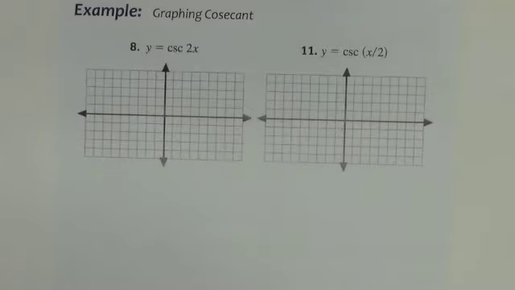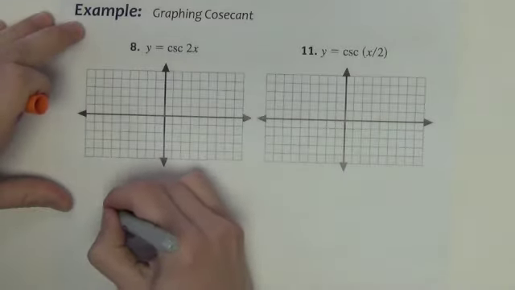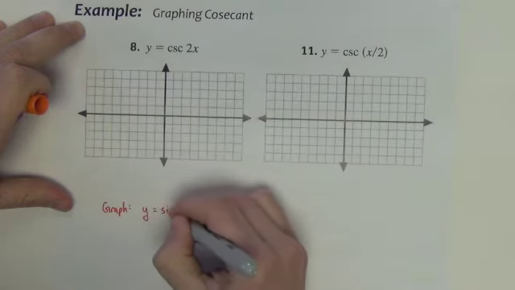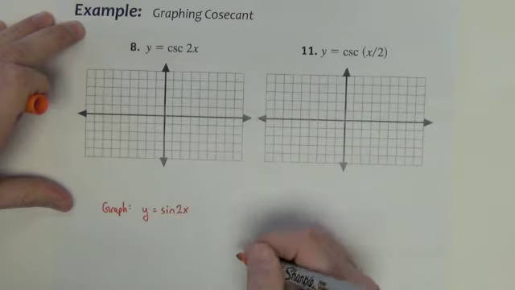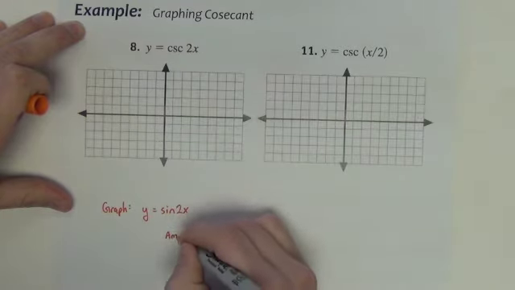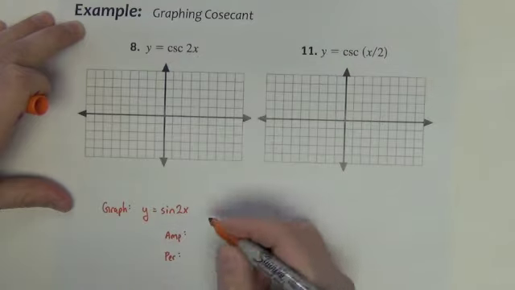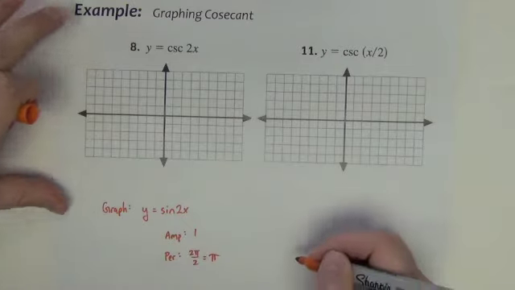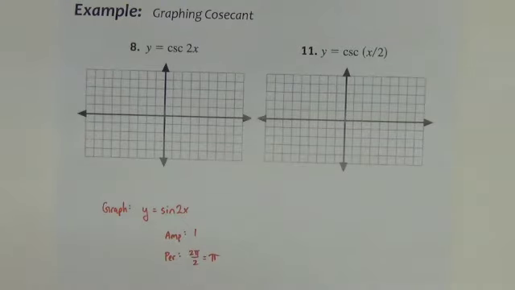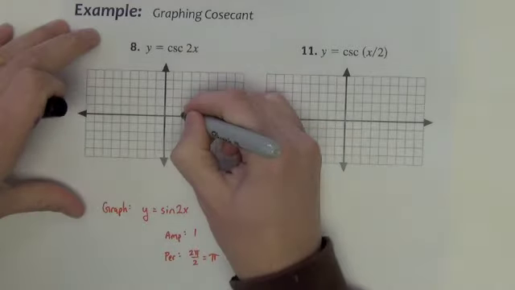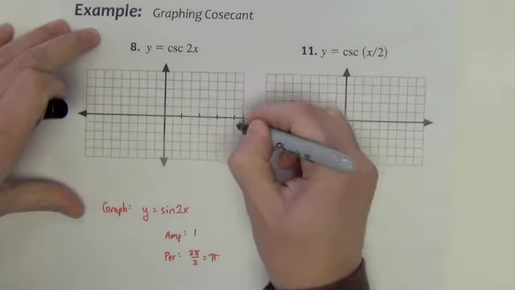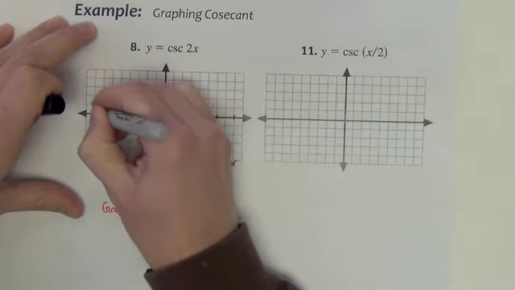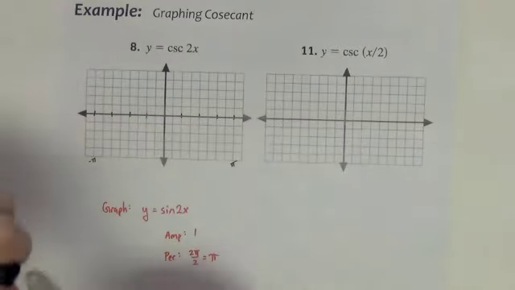Okay, let's look at a cosecant graph. Again, anytime I see cosecant, I'm going to instead graph its reciprocal, which is the sine function. And if I have a sine function, I'm going to look for the amplitude and the period. Okay, so there's my amp and period. So, come up here, I'm going to go out 4 tick marks and drop my period. I'm graphing sine.